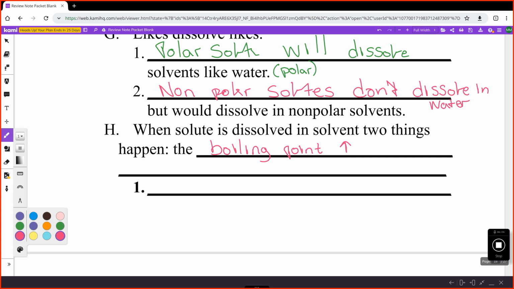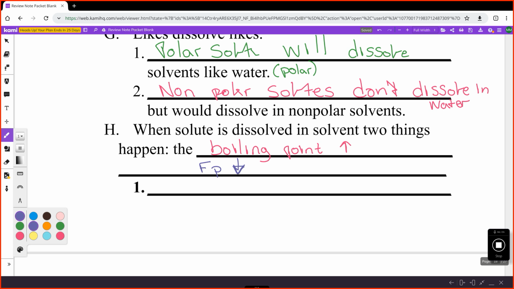Water boils at higher temperatures, the more salt that is dissolved in it. And the other thing that happens is the freezing point goes down. I'm just going to write FP because I can't deal with this lagging. Freezing point goes down. This is why we put salt on the road in the winter.